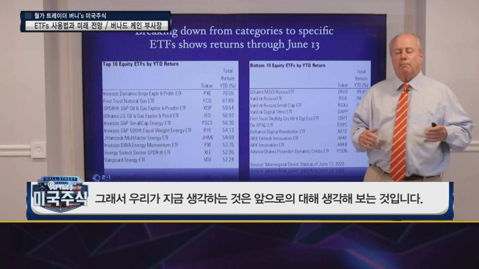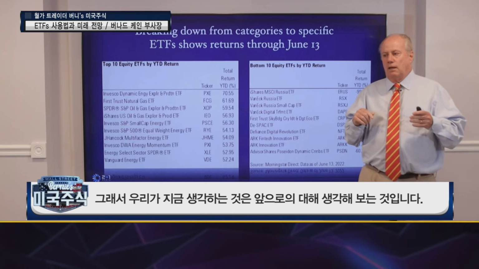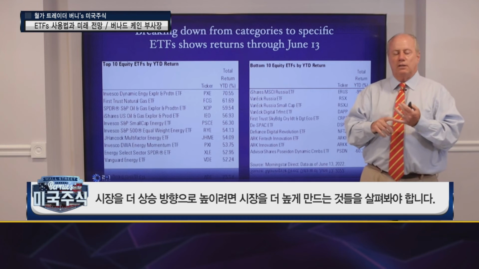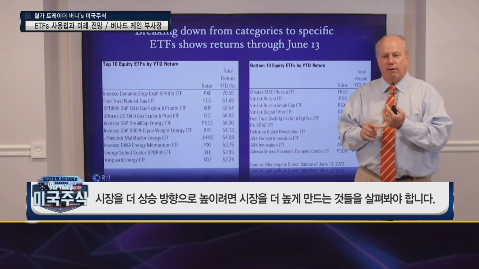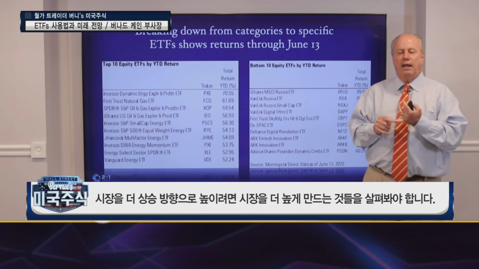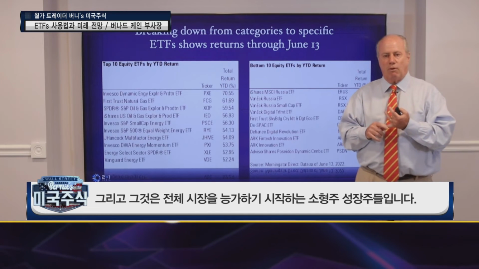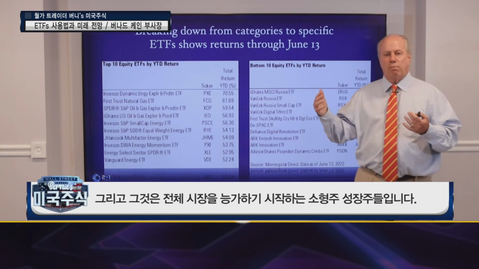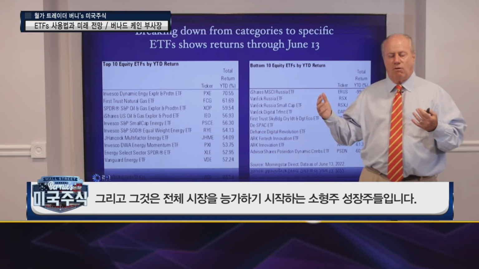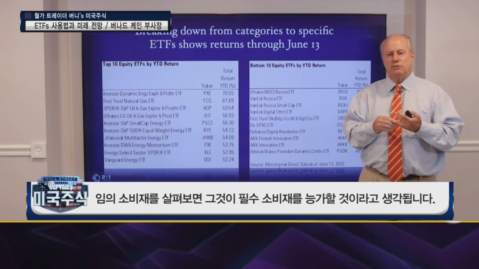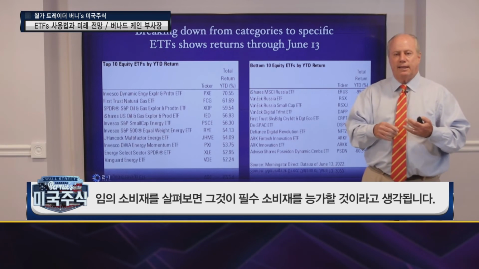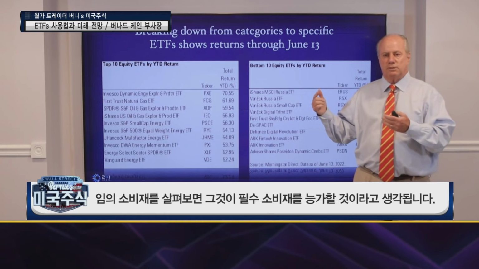So what we think about now is, let's think about going forward. Let's look at the things that drive the market higher, if we're going to go higher. And that is small cap growth stocks starting to outperform the whole market as a whole. Let's look at consumer discretionary and think that it's going to outperform consumer staples.